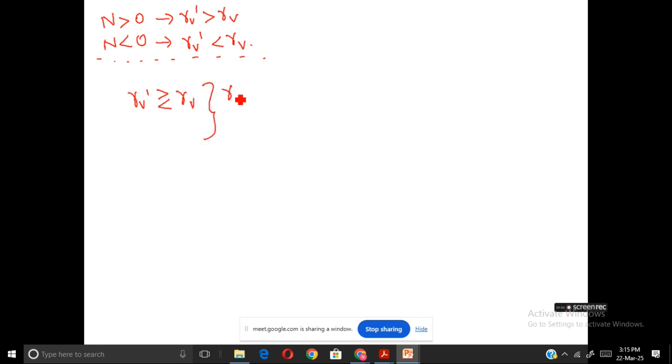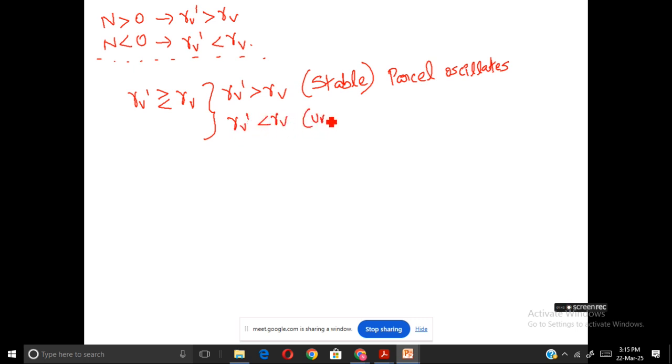If it is greater than gamma v, it means the parcel is stable, the parcel oscillates about its mean position, whereas if gamma v dash is less than gamma v, the parcel is unstable.